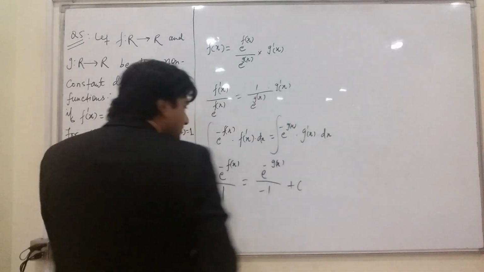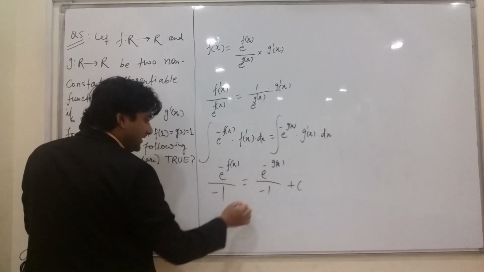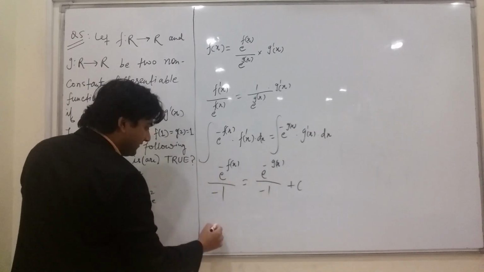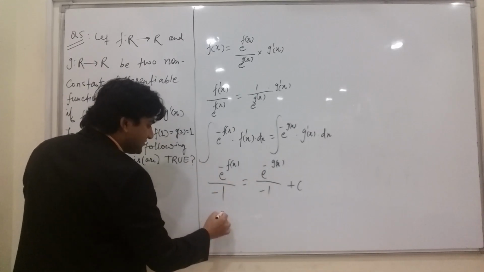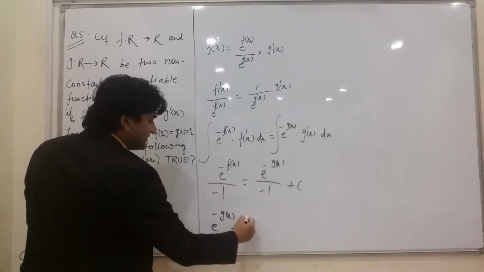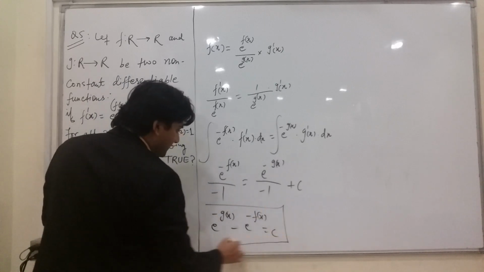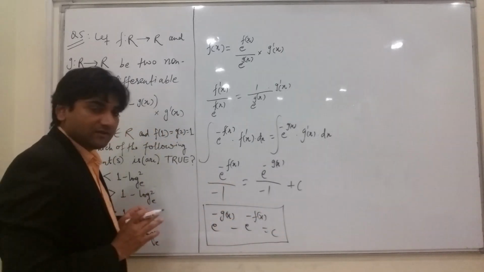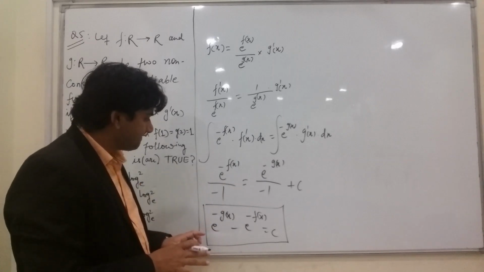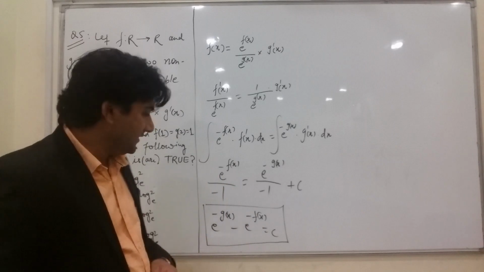Now if you take this to the left side, it would be plus e raised to minus g(x) and minus e raised to minus f(x) equals c. So we got e raised to minus g(x) minus e raised to minus f(x) equals c.